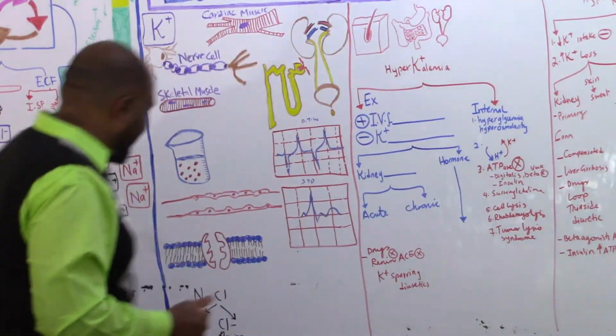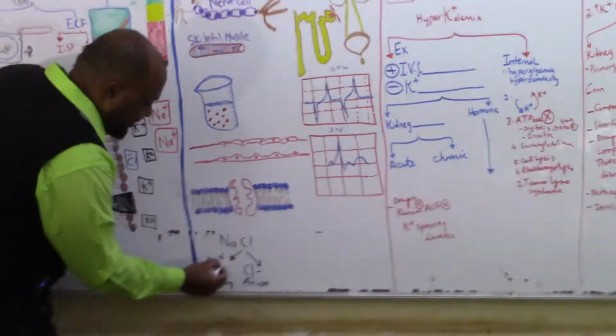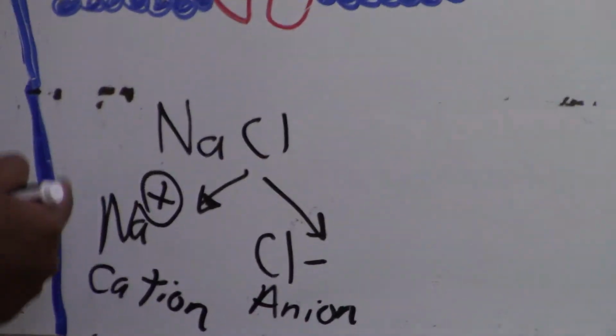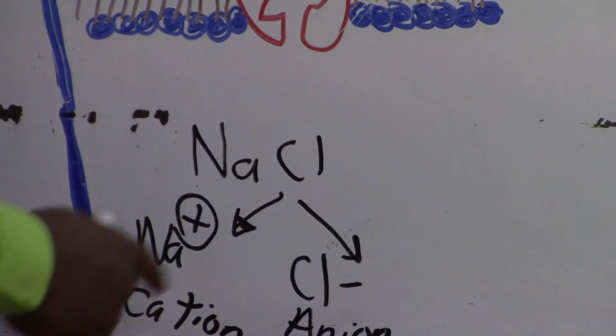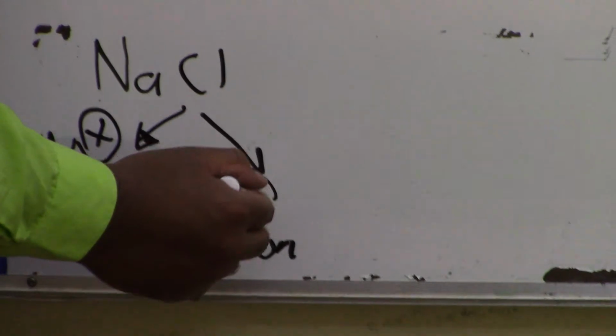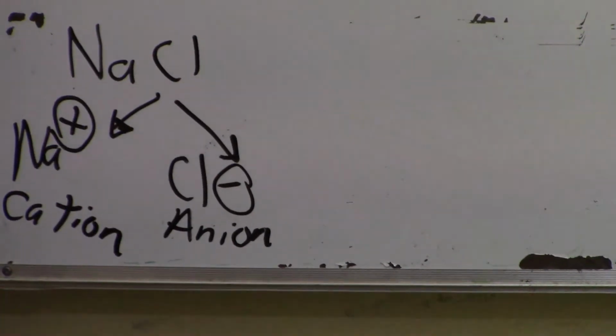So a cation bears a positive charge because it has more protons than electrons, while a chloride ion will have a negative charge because it has more electrons than protons.